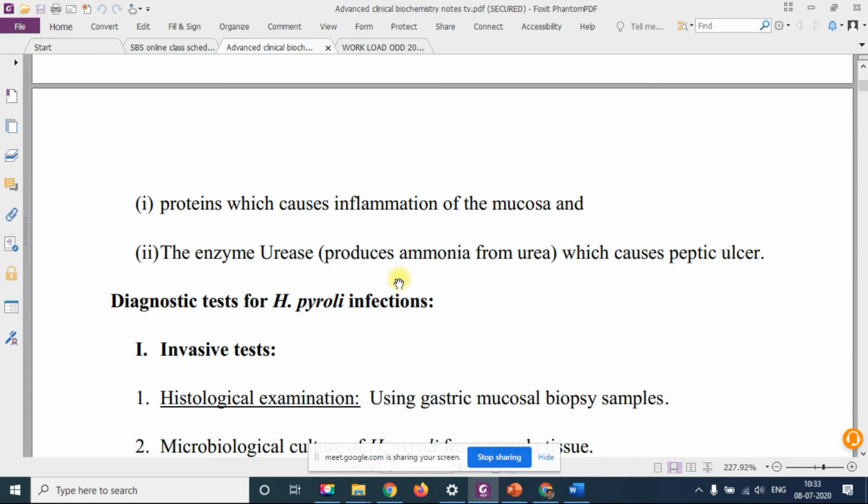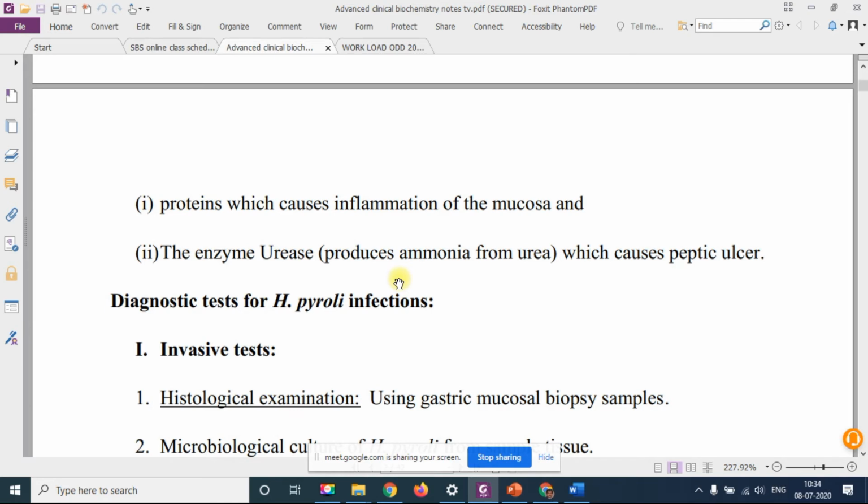Inflammation means it attracts a lot of white blood cells and causes swelling and pain. The inflammation of the mucosa is the first symptom, that means you will get pain and redness. If you look through endoscopy, you can identify redness there.